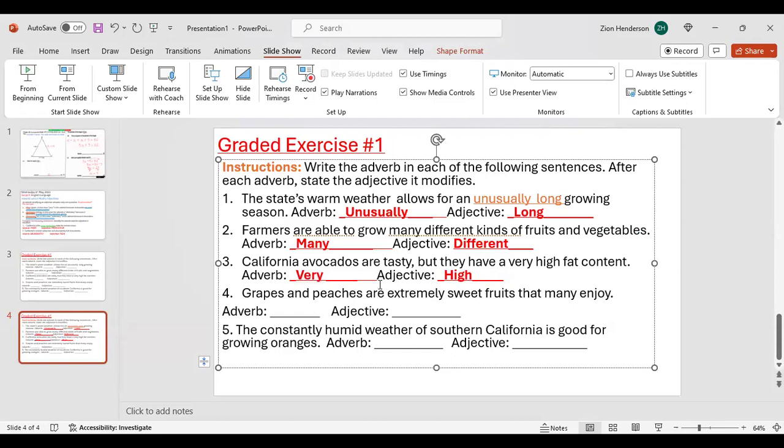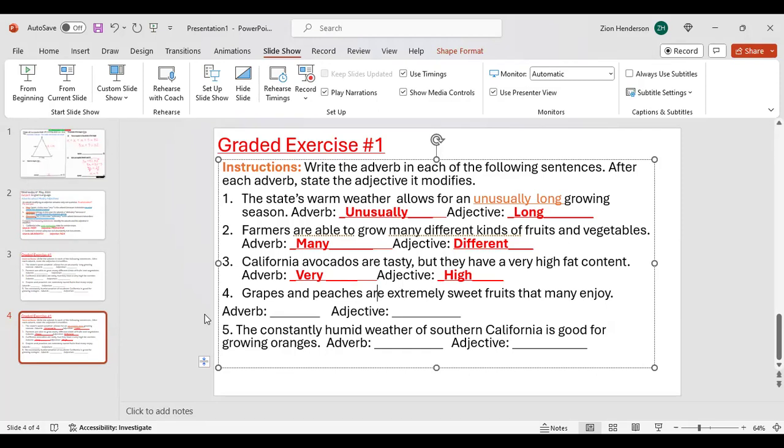Aliana, read number 4. Where's Aliana? Okay, can't hear from Aliana. So Malik, can you read number 4?